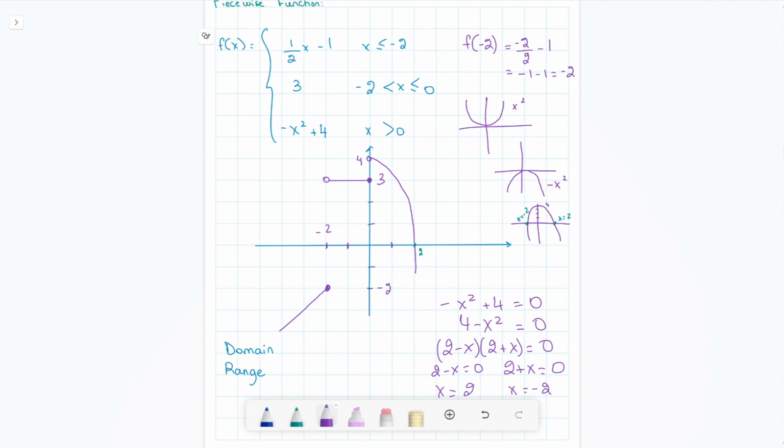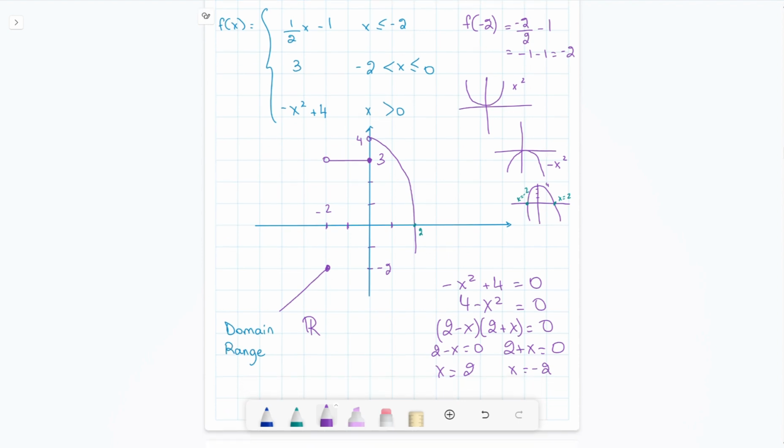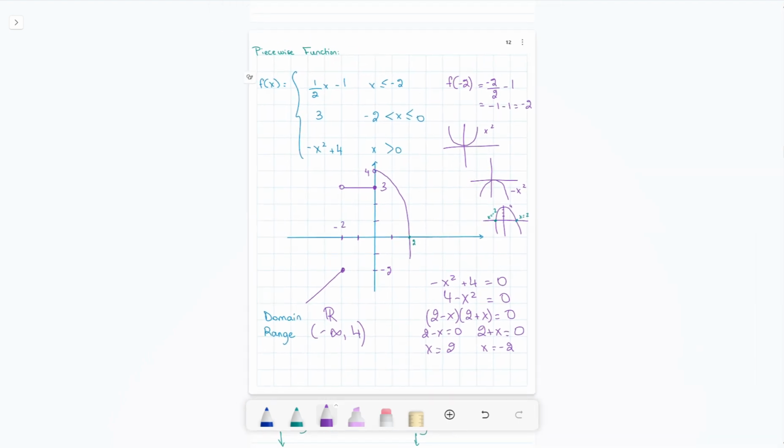We have a filled in dot here, even if this one is empty. So all of the points can exist, so the domain is all reals. Now let's look at the range. It can go as low as negative infinity up to 4, and 4 is not included, so the range is negative infinity to 4 with open brackets.